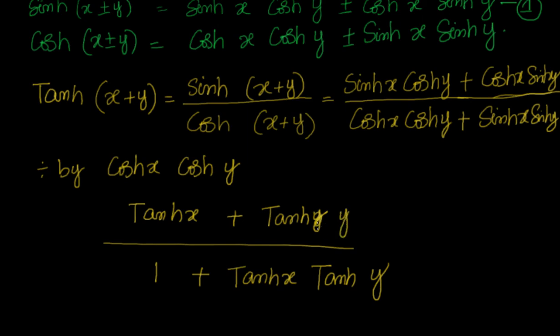There is a space here. If I miss it, you don't make the same mistake, okay? There is a space between tanh and x or y. This is nothing but tanh of x plus y.